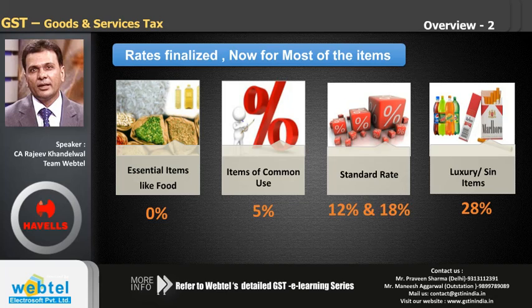Now you will ask whether these rates will remain uniform across the country. They should remain uniform across the country, but some leverage has been given to the states for very few items, that they can reduce or have a higher rate for a particular item.